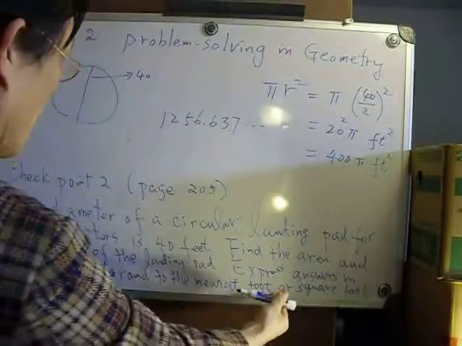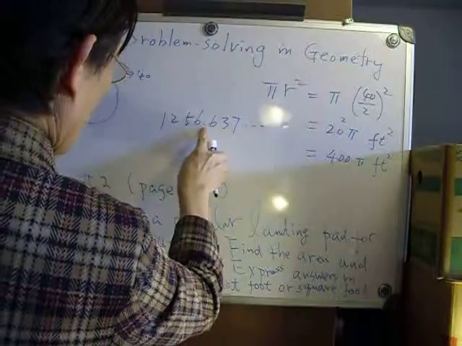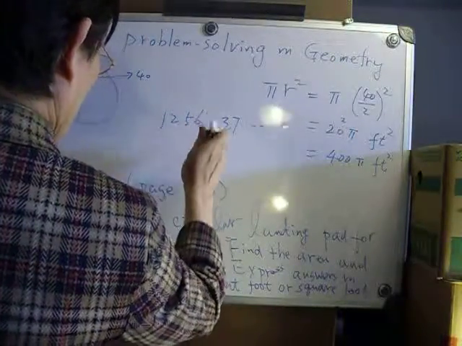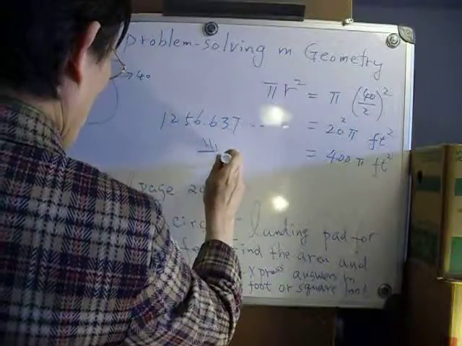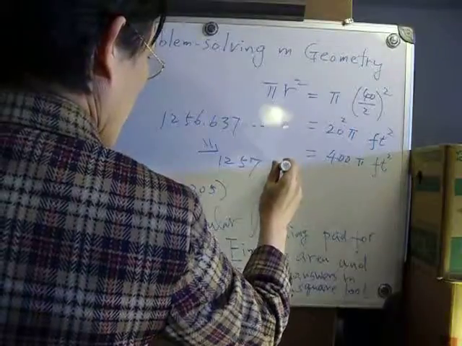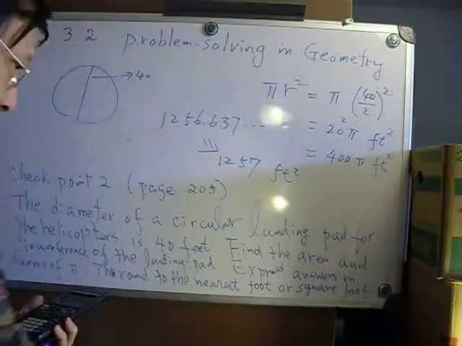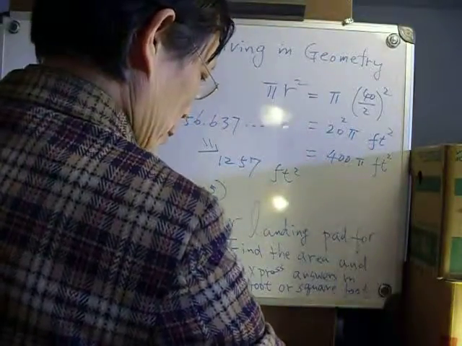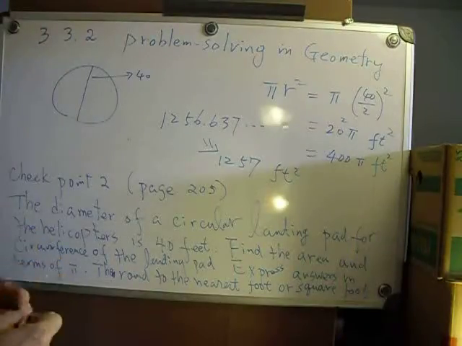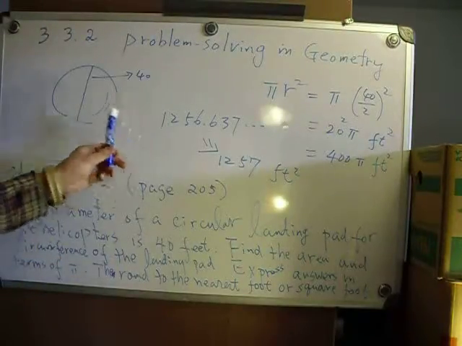So to the nearest foot, you look at the digit after the ones place, which is 6. You add 1 to here. So your number should be 1257 square feet. Okay, that's the answer. This is our area and circumference of the circle.